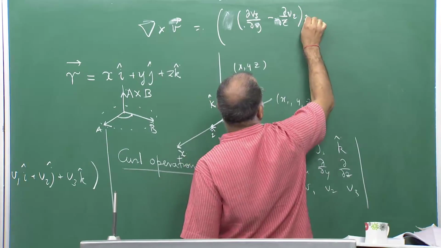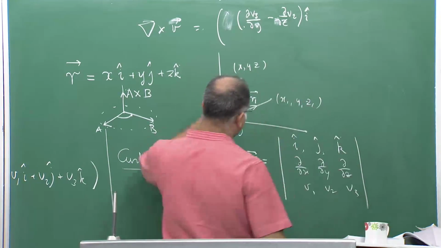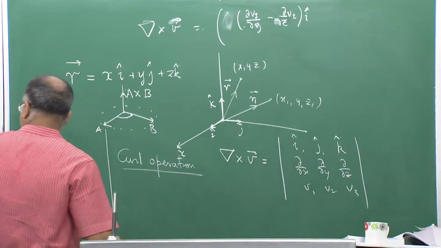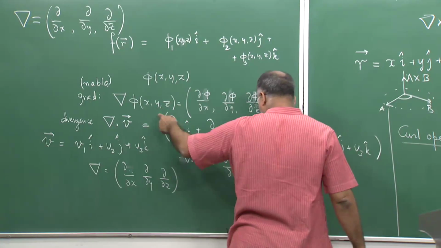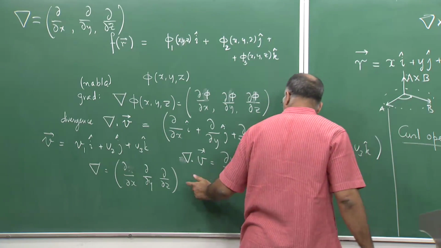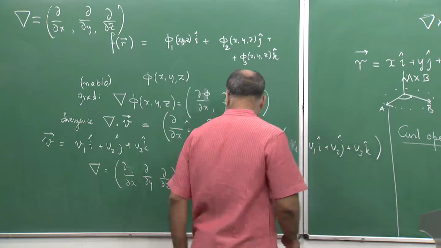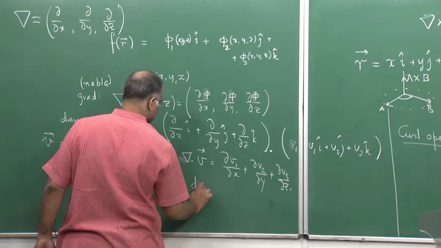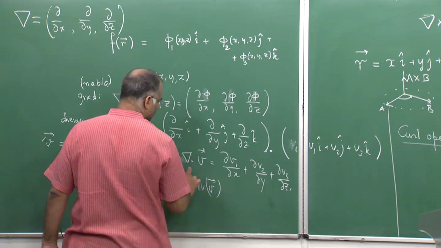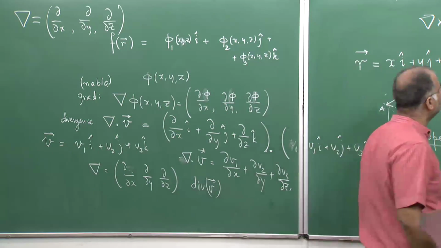So it is a vector. The curl operation gives a vector, the grad operation gives a vector, and only the divergence operation, sometimes written as div V, gives you a scalar.